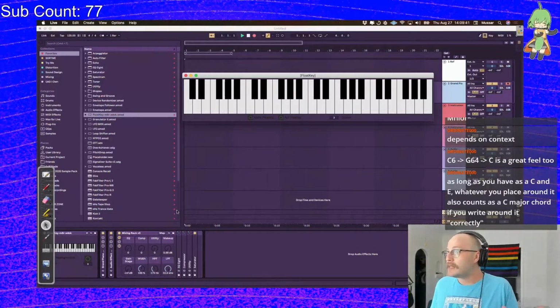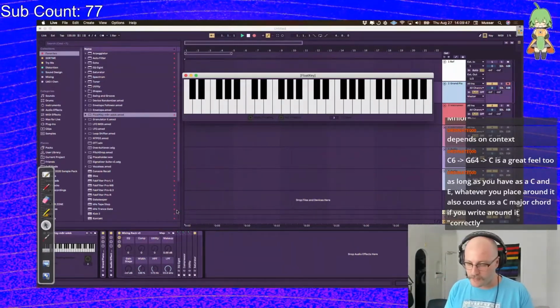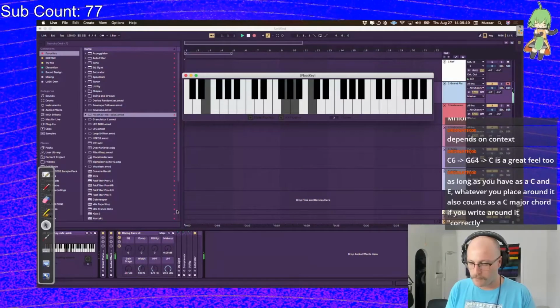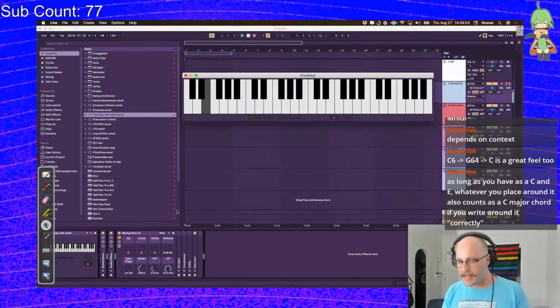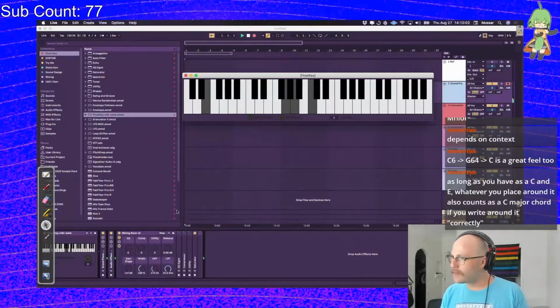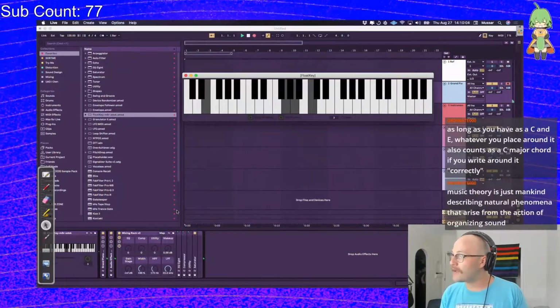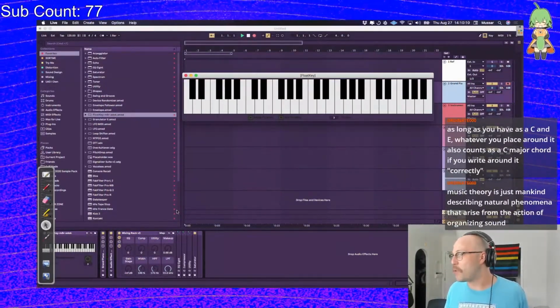It could be like some weird E chord. Like you could argue that this is an E minor, add 4, add 6, no 5. I just justified having that as an E chord.